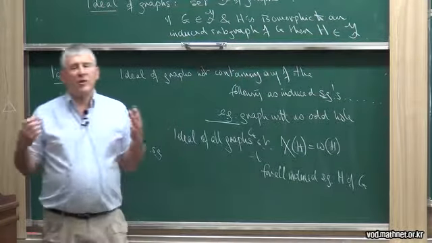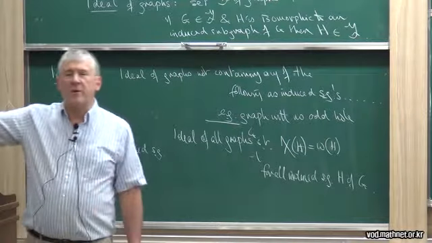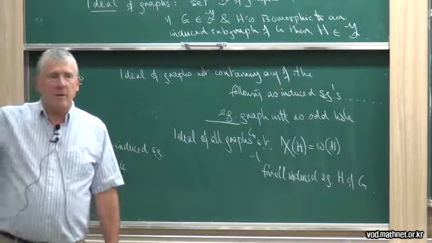And that's a definition of an ideal by properties. We just want to look at all the graphs that have a certain property.